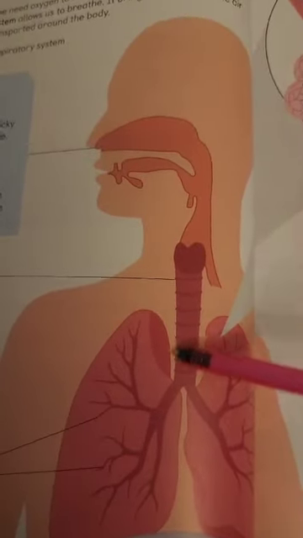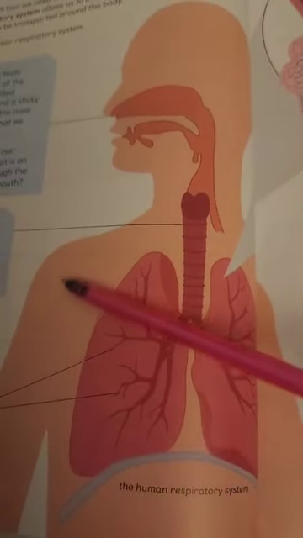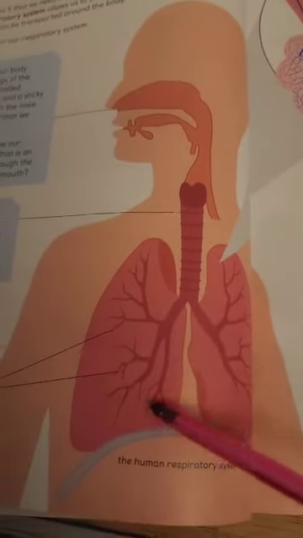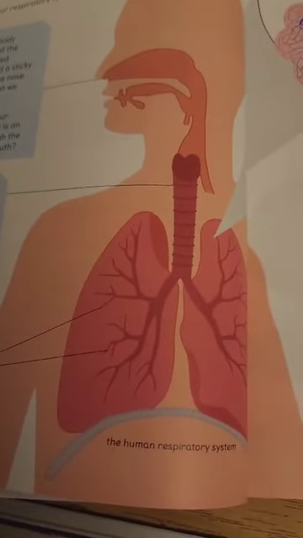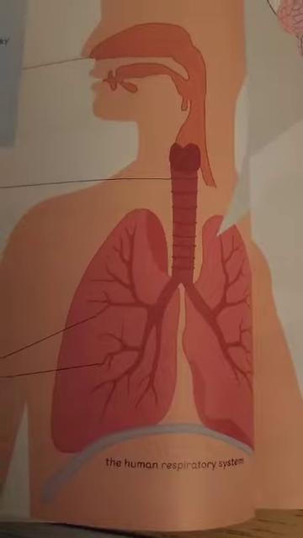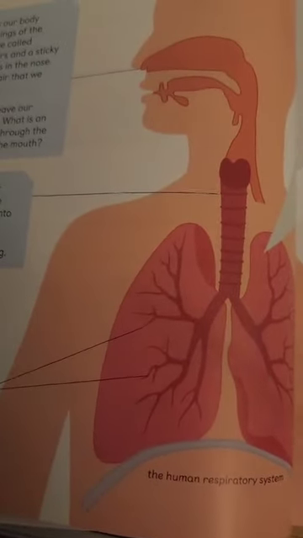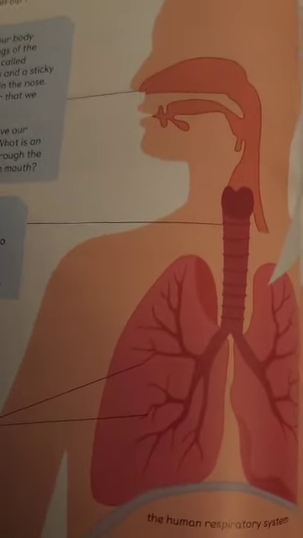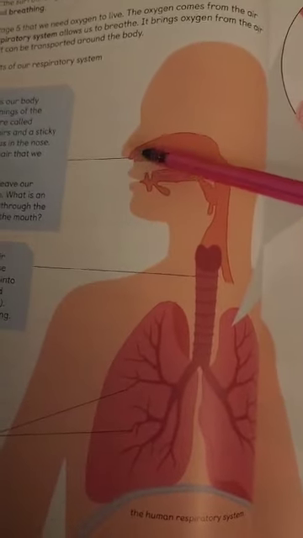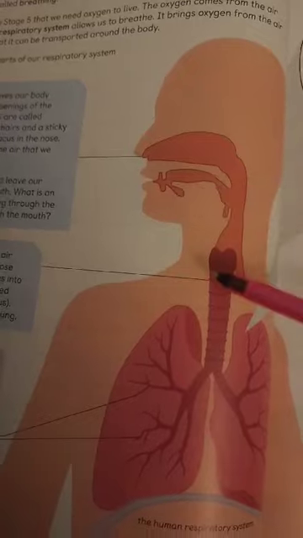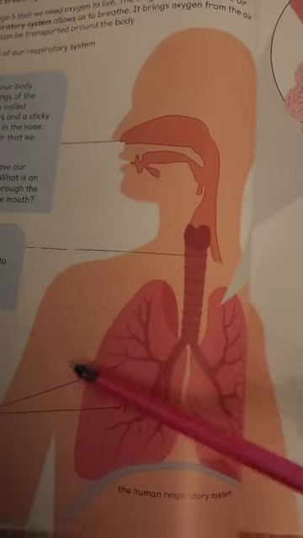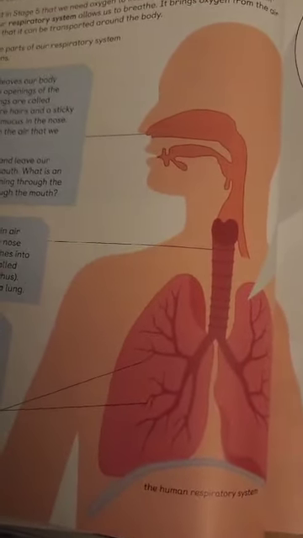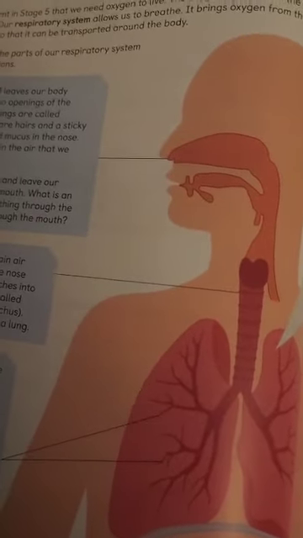These two large symmetrical organs are called lungs. So the main organs of the respiratory system are the nose, mouth, trachea, and lungs.